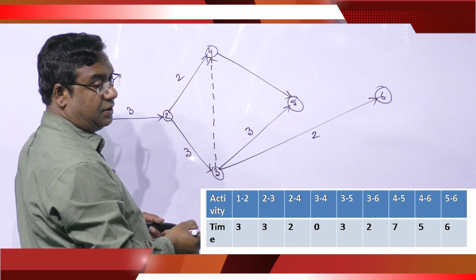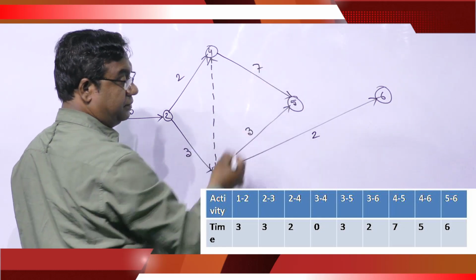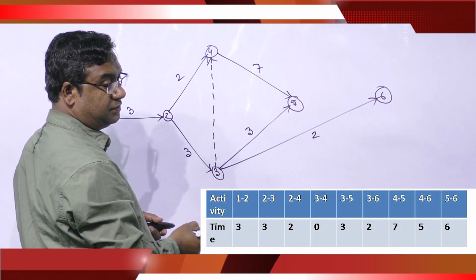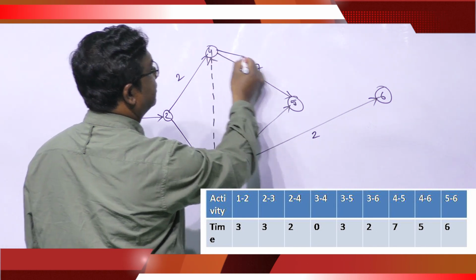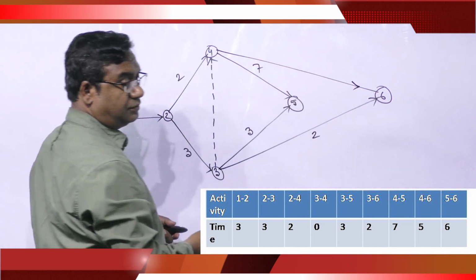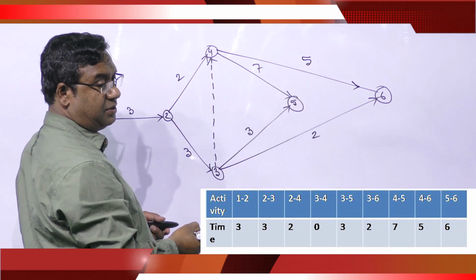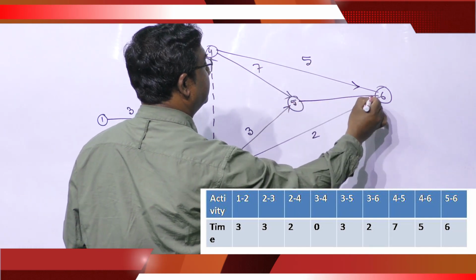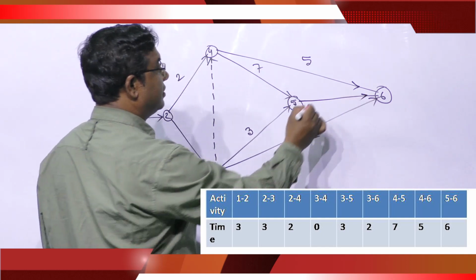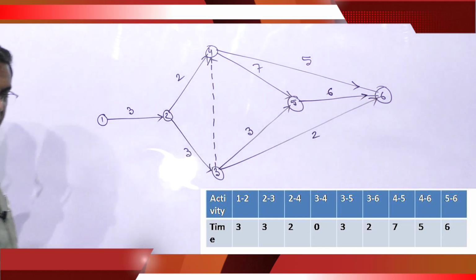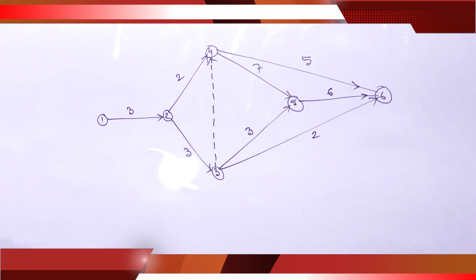Activity 4 5. Time duration is 7. Next, 4 6. Time duration is 5. The last activity, 5 6. Time duration is 6. So this is the network given by this data.